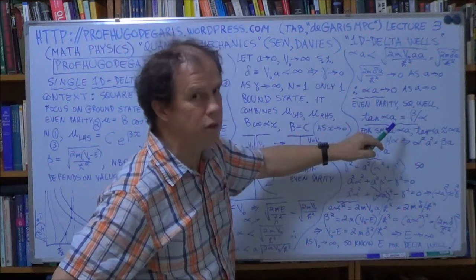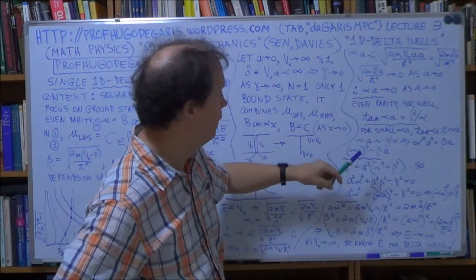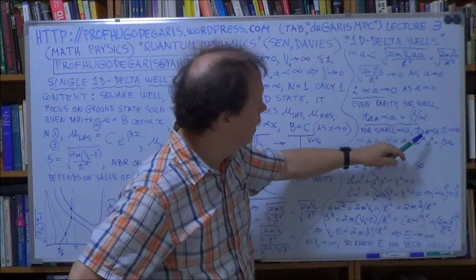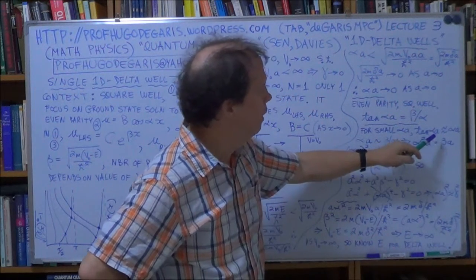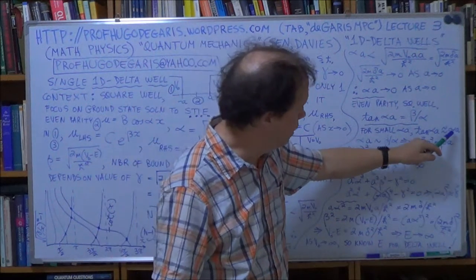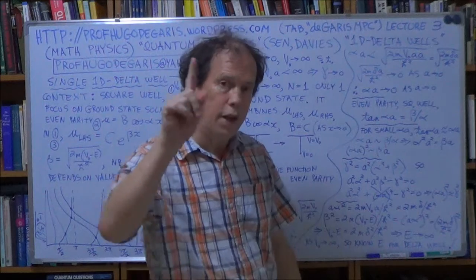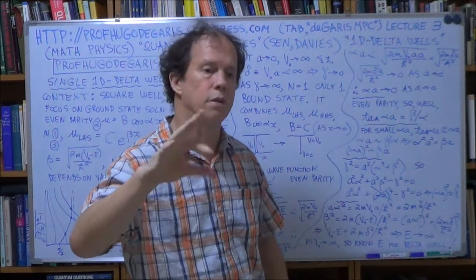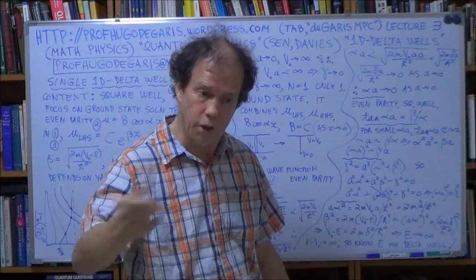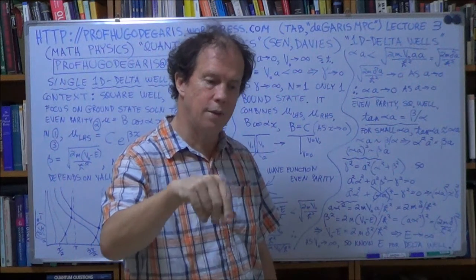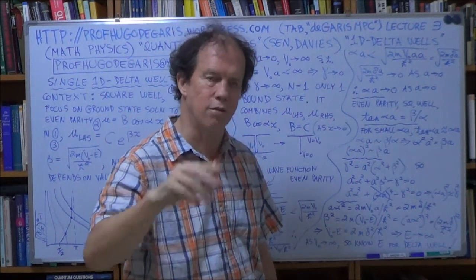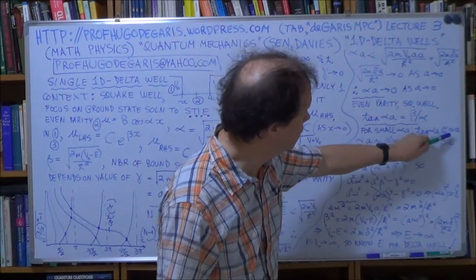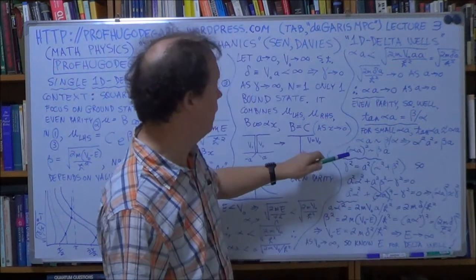As alpha A gets really small, tangent of alpha A you can approximate as roughly alpha A. Tangent of a very small quantity is roughly equal to the small quantity. So for small x, tan x is roughly equal to x. So tan alpha A is roughly equal to alpha A.